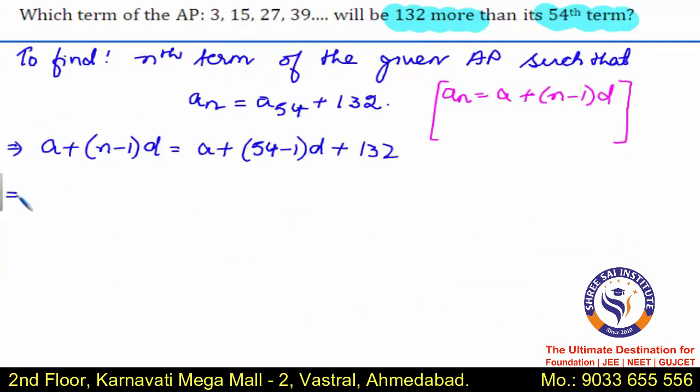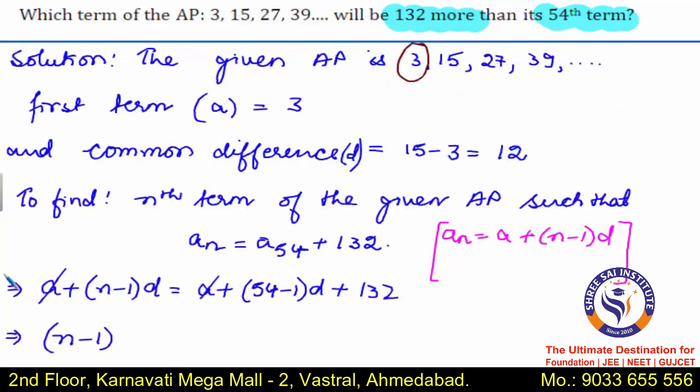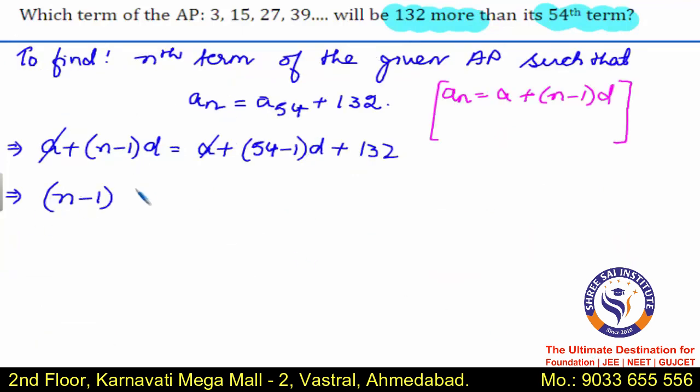This further implies, cancelling A with A, on the left hand side we have n minus 1 into the value of D, which is 12. So substituting the value of D, on the right hand side we have 53 into 12 plus 132.